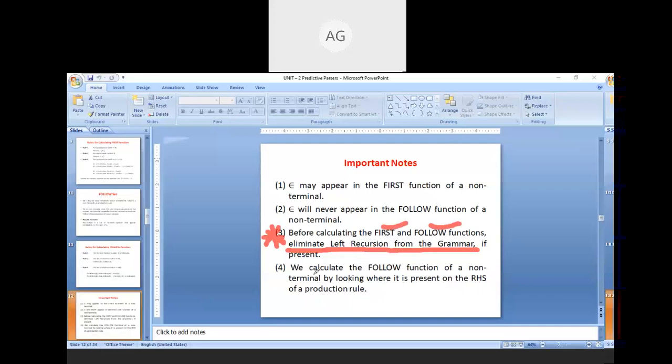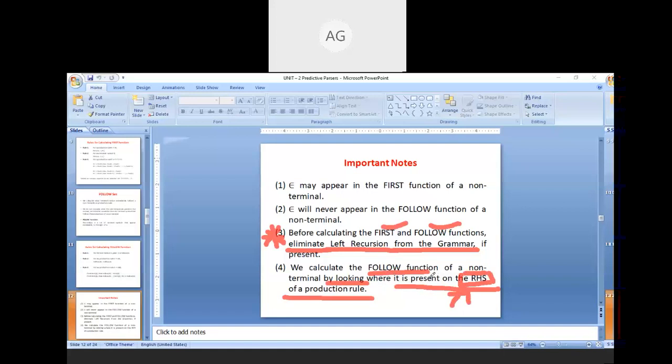The fourth point is that we calculate the follow function of a non-terminal by looking at where it is present on the right hand side of the production rule. When we need to calculate the follow elements, we just concentrate on the right hand side of the production and not on the left hand side, which is very convenient for calculating the follow symbols.